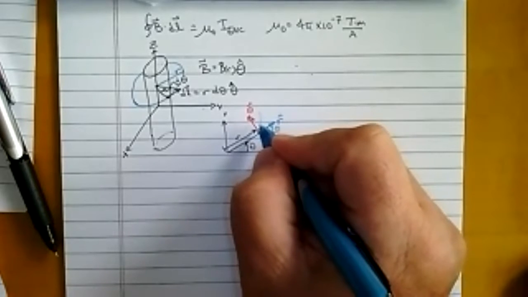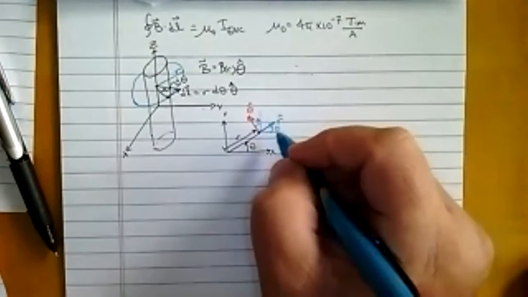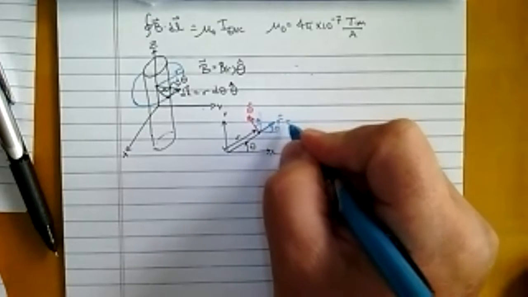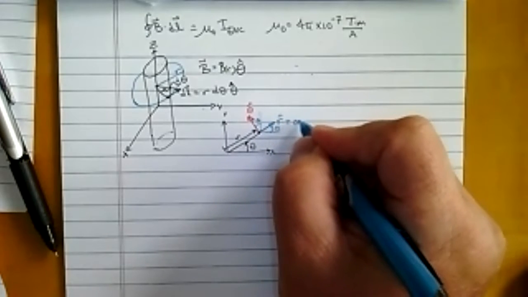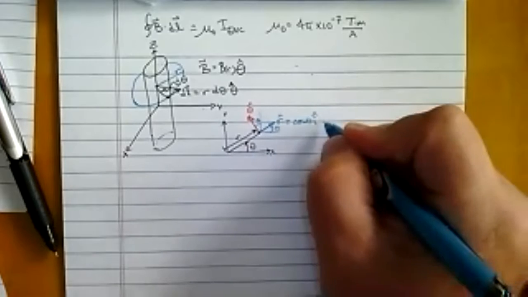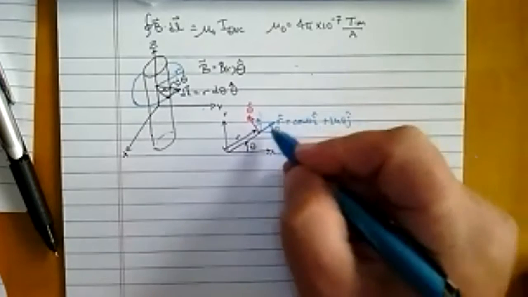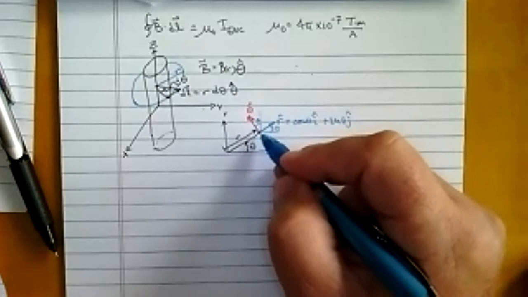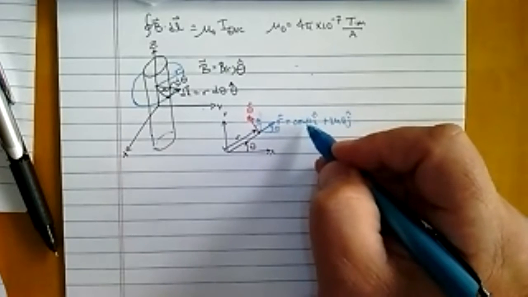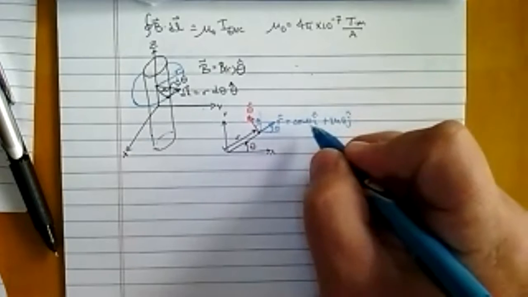I could draw the y-axis over here again. Since they're 90 degrees, I know this angle is also theta. So I think you can see from that that r hat would just be cosine theta i hat plus sine theta j hat. Now it would technically be 1 times cosine theta, but it's a unit vector, so the 1 doesn't need to be written.